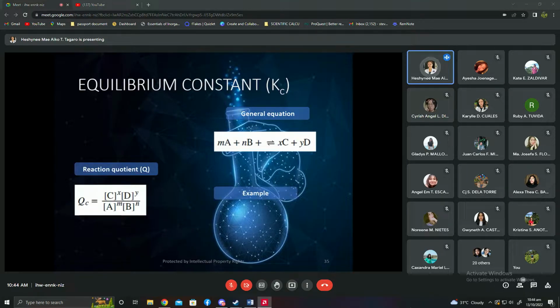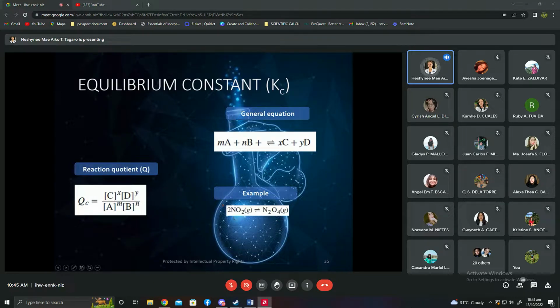Let's have an example here. The reaction quotient for the reversible reaction: 2 moles of NO2 to form N2O4 and vice versa. So this is the balanced chemical equation for this reaction.